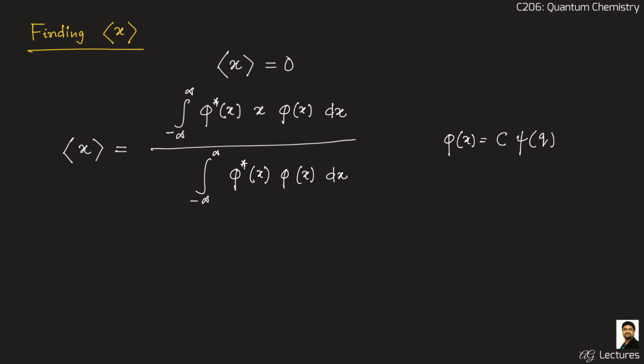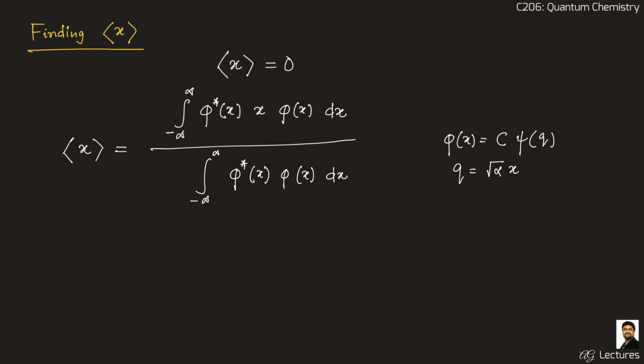What makes us think that this is going to be as simple as this? That's because x and q are related by just a simple multiplication of root over alpha. If you remember, we defined our q to be root of alpha into x, right?